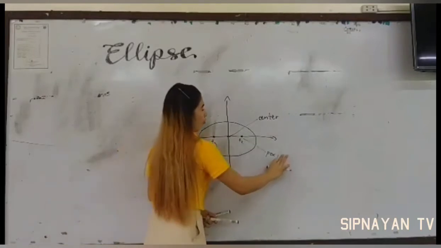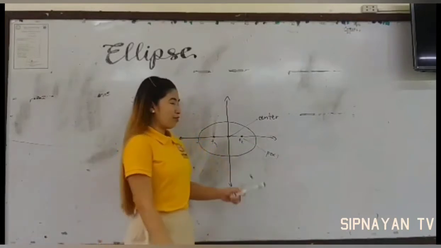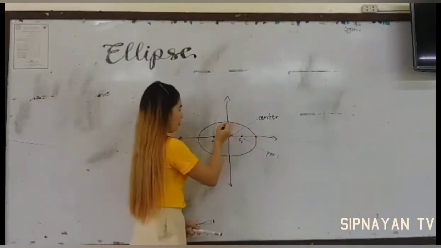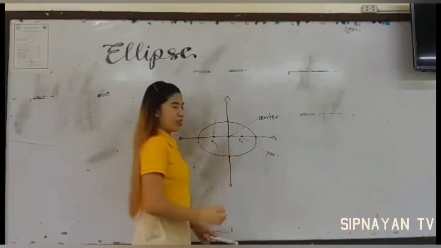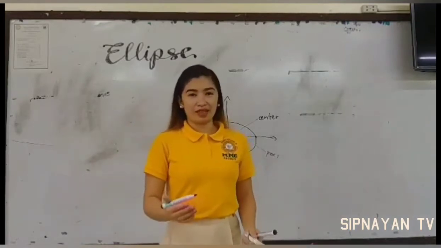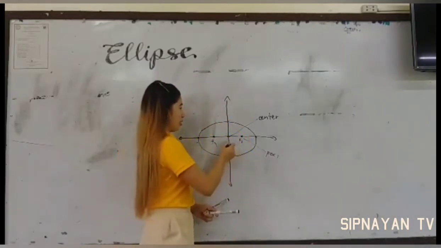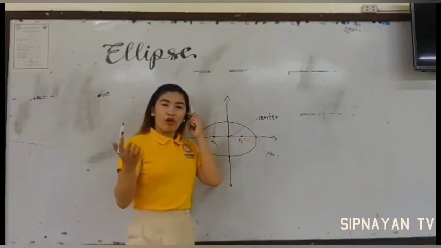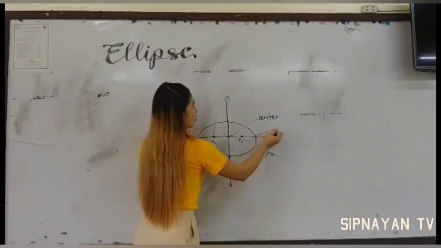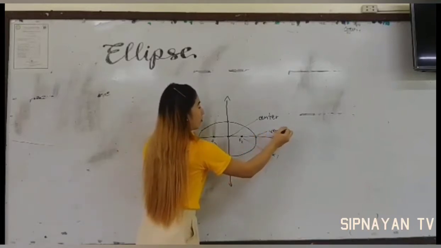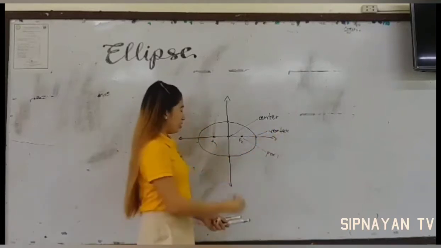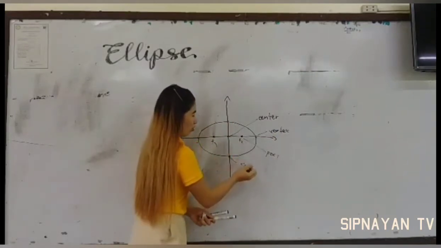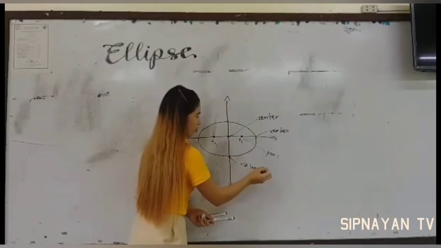So, foci. At meron po tayong tinatawag na vertices. These 4 points is what we call the vertices. But these 2 points, what we call the vertex. And these 2 points, tinatawag natin co-vertex.